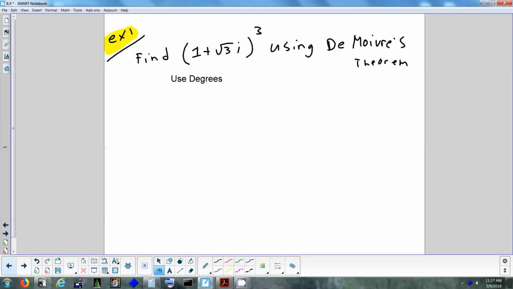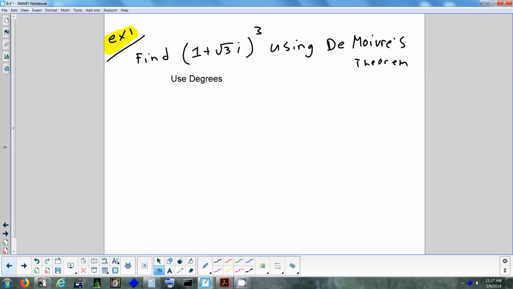What's wrong with wanting to cube that using DeMoivre's theorem? Why can't I use that shortcut the way this problem is written? Oh, imaginary. What's wrong with the way the problem was given to you? It's not in trig form. What is that? Standard.